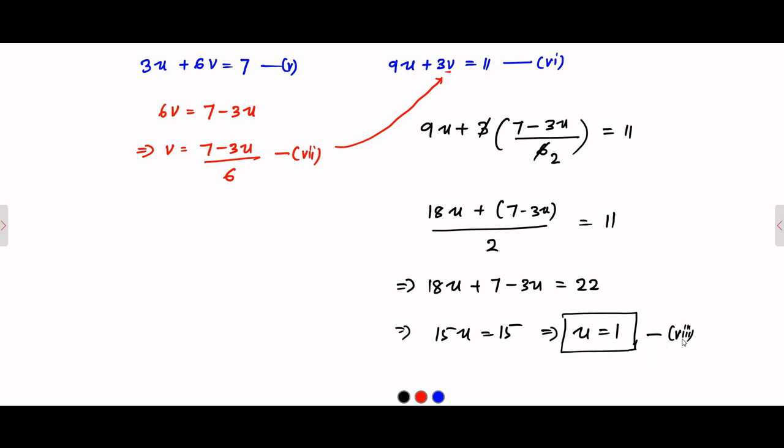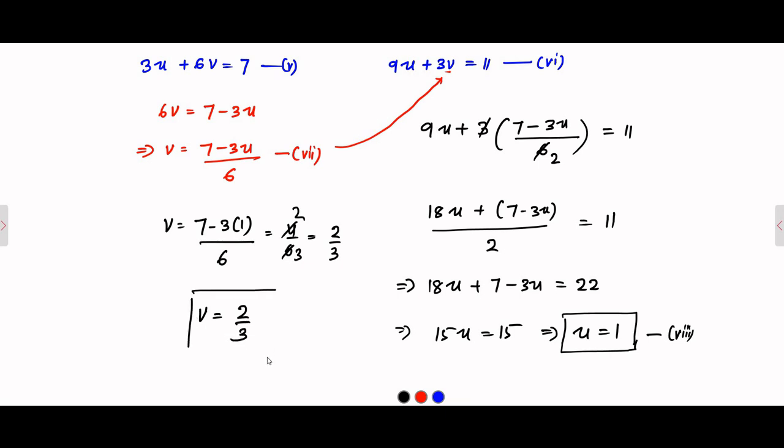Now when we put equation 8 in equation 7, we get the value of v. So v = (7 - 3 times 1) by 6, as u is 1, which is equal to 4 by 6, and cancelling, v = 2 by 3. This is equation 9.